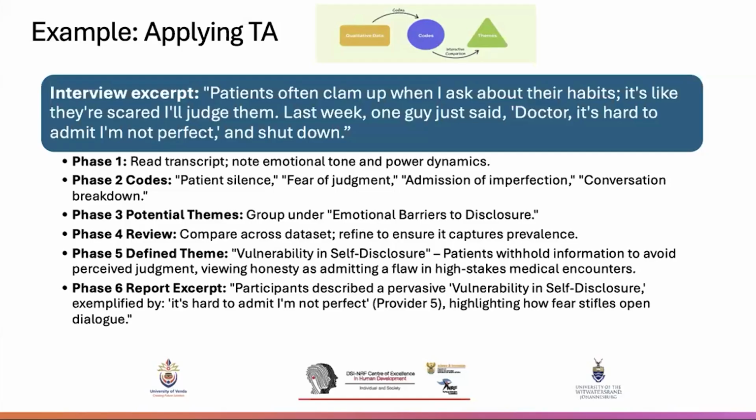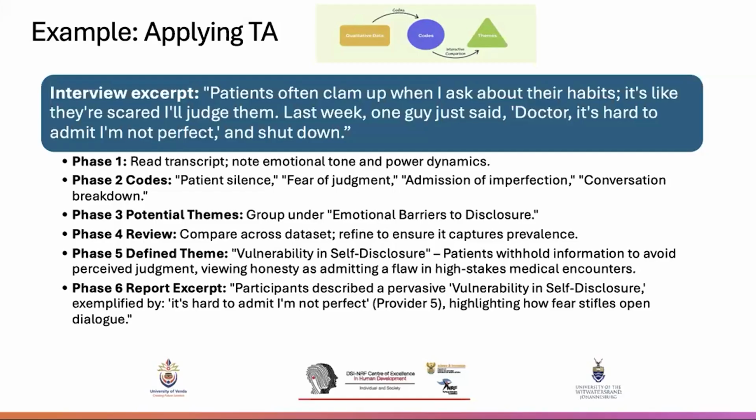So the first phase will include you reading the transcript to note the emotional tone and power dynamics within this conversation that this doctor is having. And then the second phase moves into the coding part, and this is where you start coding the excerpt, and you identify those very unique features about the conversation with this patient.